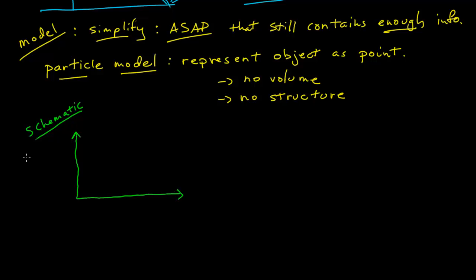So part of a schematic is my coordinate system. And part of a coordinate system, then, is to establish where my positive axes are. In this case, I'm going to have a positive x and y axis, and where my zero is, where my origin is of both of those axes.